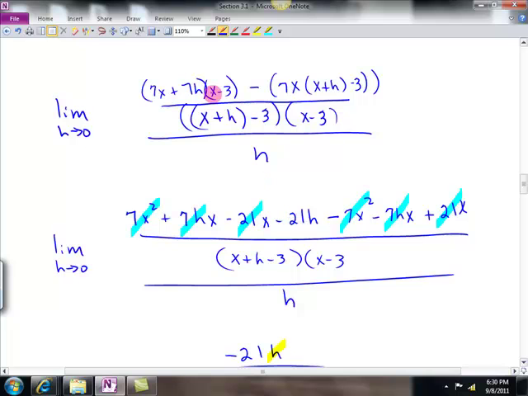I think that part's right. I think those are right on top. Anybody check me on that?